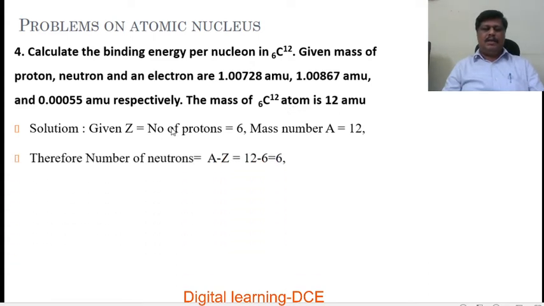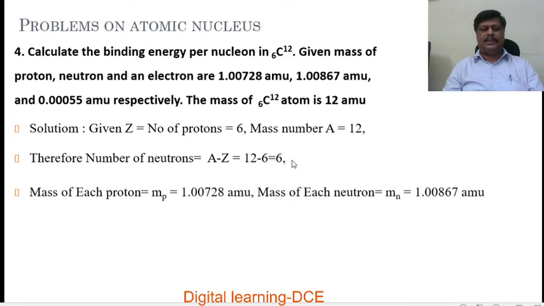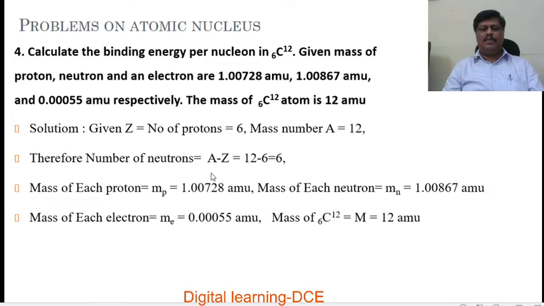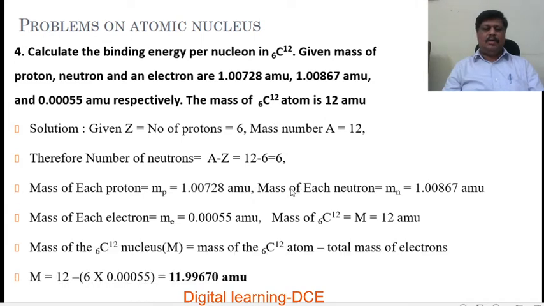So given atomic number Z, that is total number of protons, is equal to 6 and mass number A is equal to 12. Therefore, number of neutrons given by A minus Z is equal to 12 minus 6 is equal to 6. Mass of each proton Mp, mass of each neutron Mn and mass of the electron are also given. So mass of 6-carbon-12 is 12 AMU.